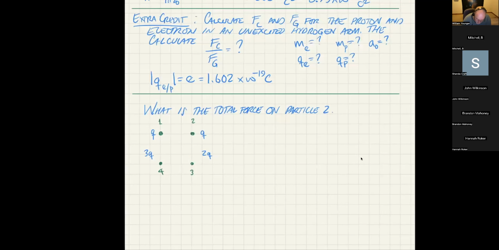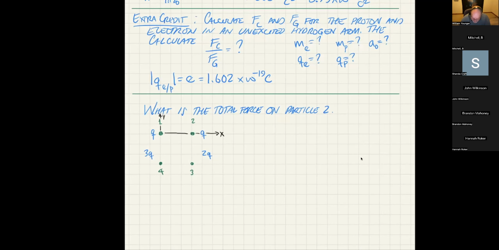Now I'm going to go ahead and introduce a coordinate system. It doesn't have to be this one, but this is the one I'm using. So there's my x-axis, and there's my y-axis like that. What we want to know is what is the total force on particle 2.